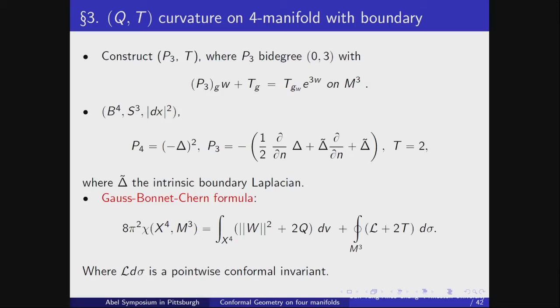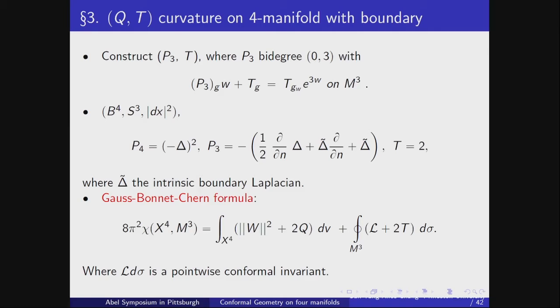It turns out this P3 operator also has the conformal covariant property and prescribes Q curvature. Its leading order term is a third order operator. This is Laplace composed with d/dn plus d/dn composed with the boundary Laplacian.